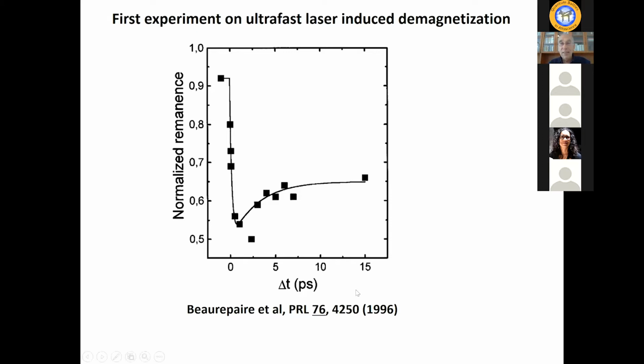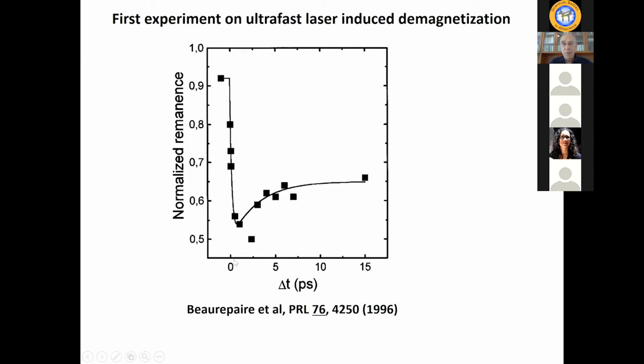It's in 1996 by the group of Bigot and Beaurepaire. And what you see here is that as a function of time, the magnetization, this experiment was for nickel, bulk nickel, goes down significantly. It's what you see here on the time scale of about 1 picosecond.